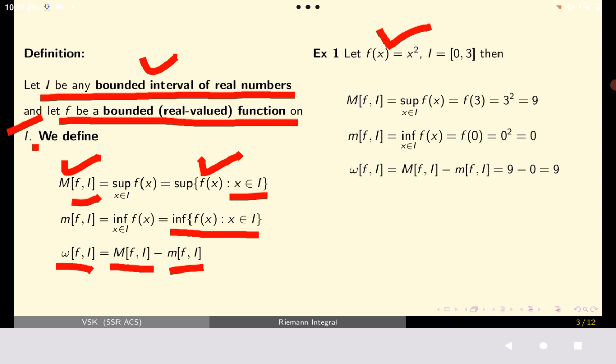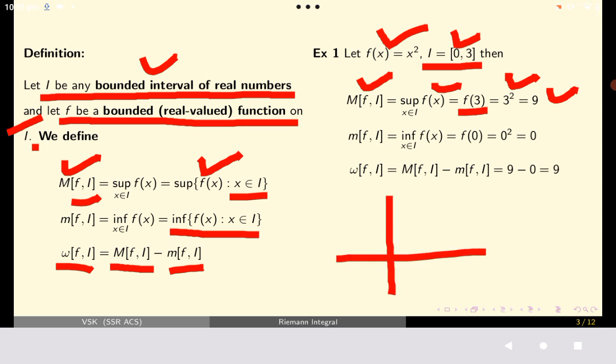Let fx is equal to x square where I is the interval 0 to 3. Then capital MFI, that is the supremum value of fx when x lies in this interval, is given by f at 3, that is 3 square, which is equal to 9. Why is this so?